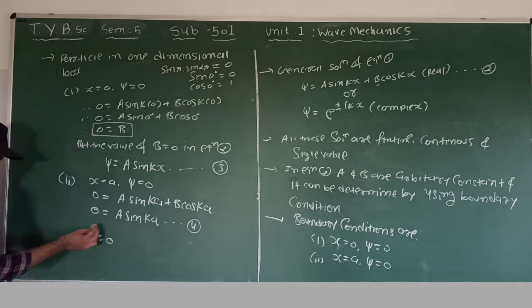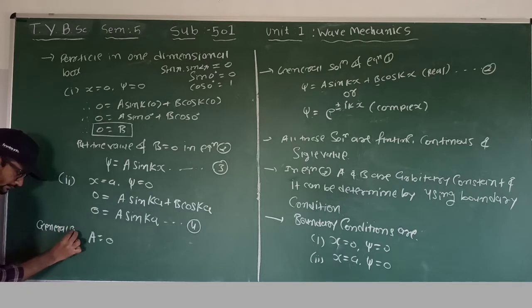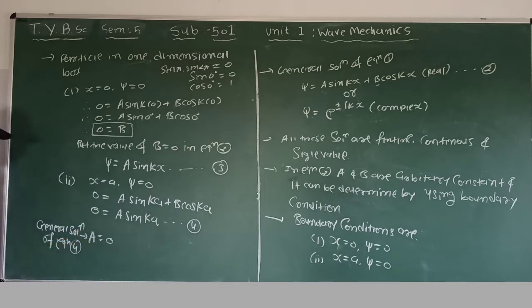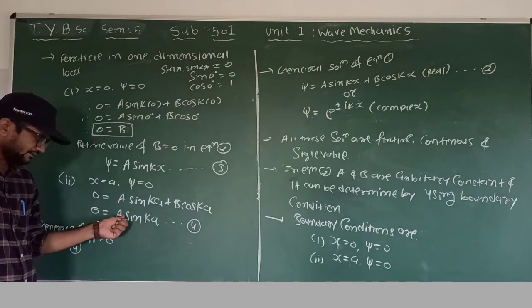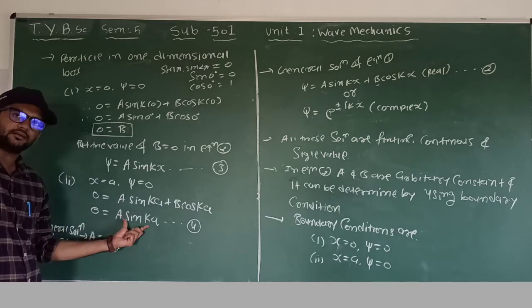Now the general solution of equation number 4: first one is a is equal to 0. If I put the value a is equal to 0, then this term will become 0.